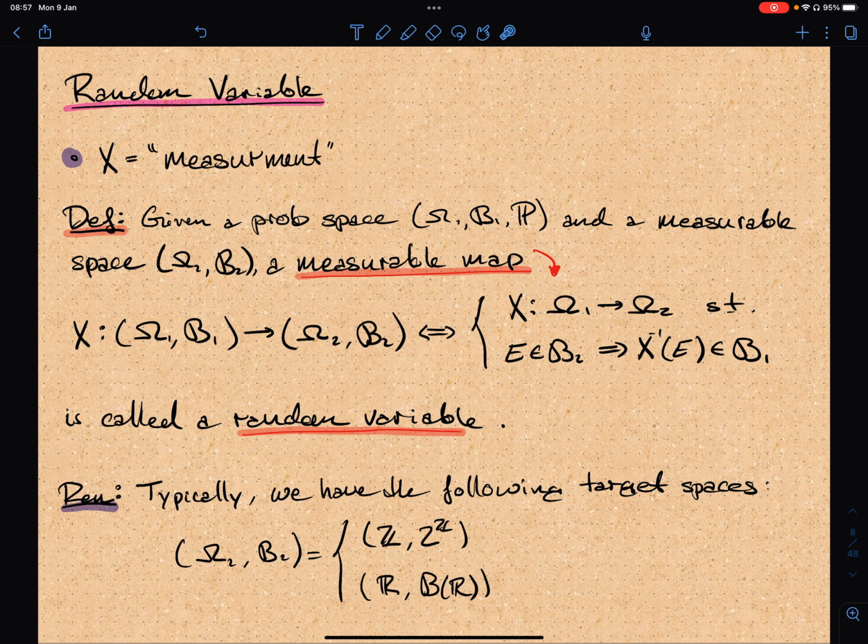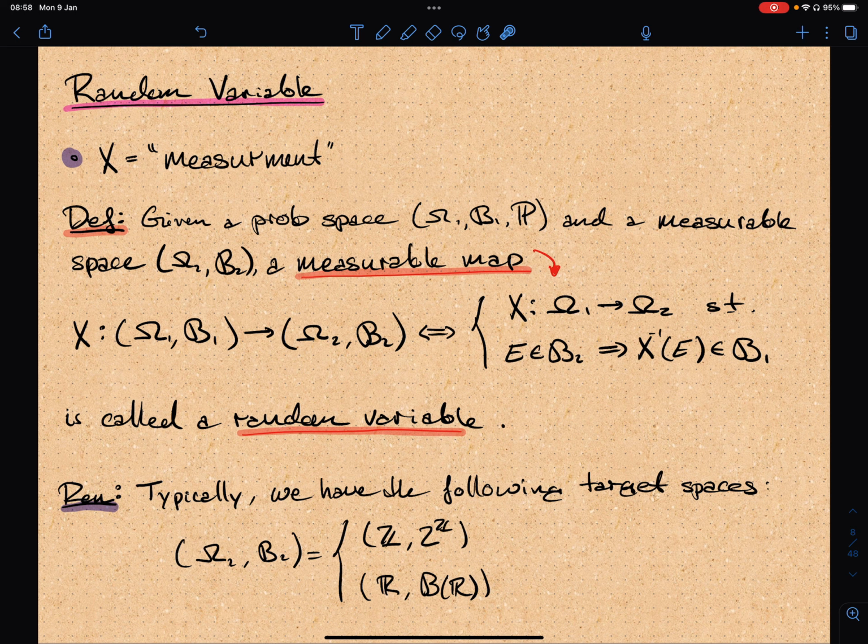So for a random variable, I'm going to denote it typically by X, Y, capital letters. And the way that I think about it is going to be some measurement. And you can think about there being some noise or inaccuracy in the measurements, and that it's going to be a specific number, a specific outcome, but if you repeat the measurement many times, then it's not going to be necessarily the same.